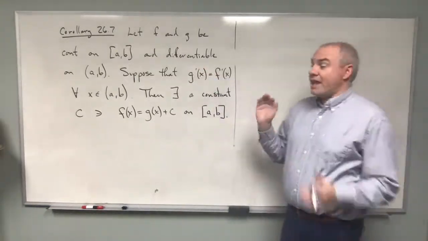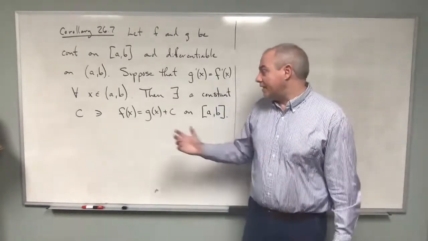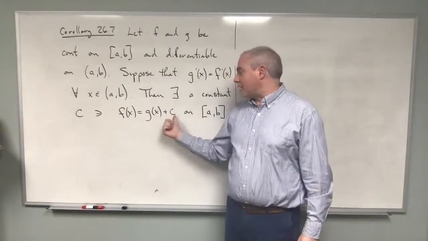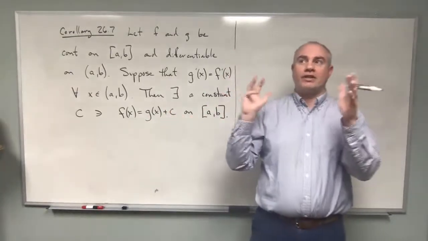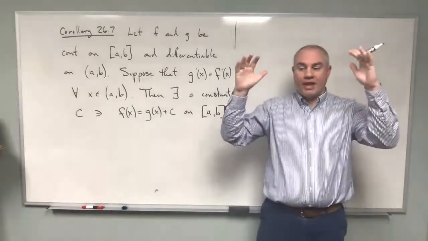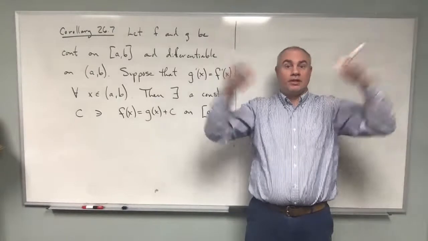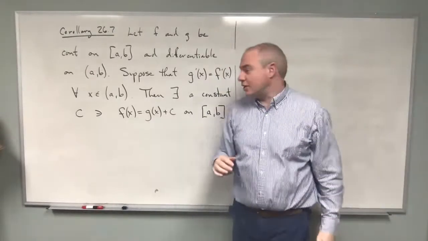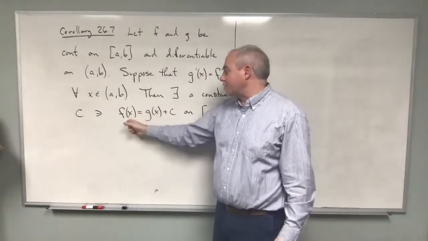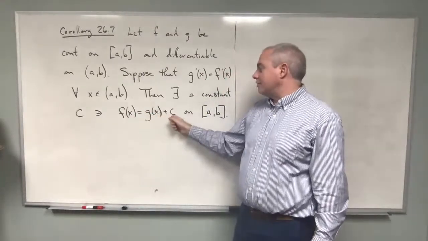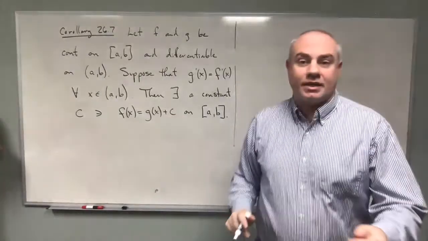Then they may not be the same function, but they only differ by a constant. So you can't have two funky functions that both have the same derivative but are totally different functions. If two functions have the same derivative, then they're basically the same function except for a constant. Okay, let's prove that that is the case.